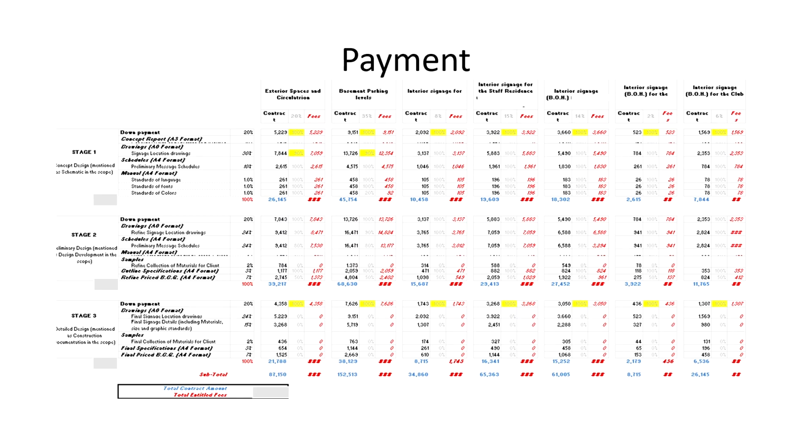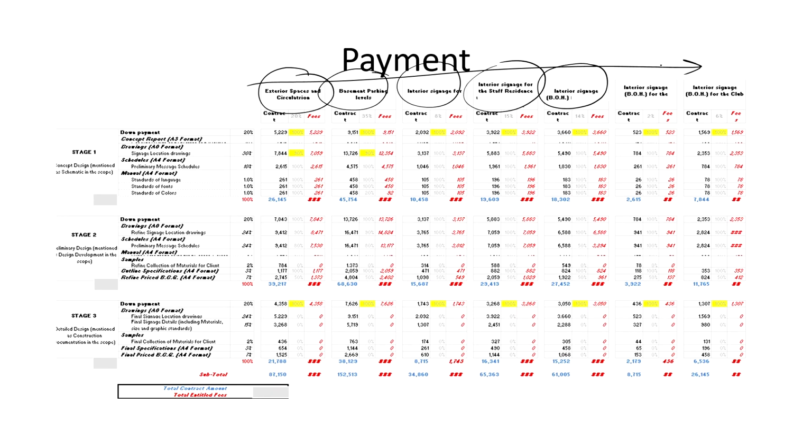If you see carefully, although the fonts are very small, it will give you an idea that these columns are showing the spaces. You have the exterior space, the basement, the interiors, the interiors of the other buildings, the back of houses. This is based on how many drawings and how many spaces you are covering.